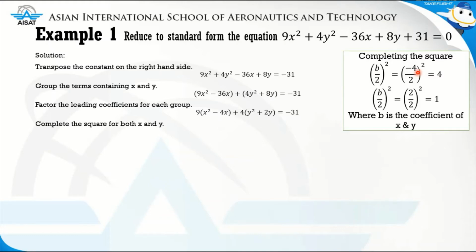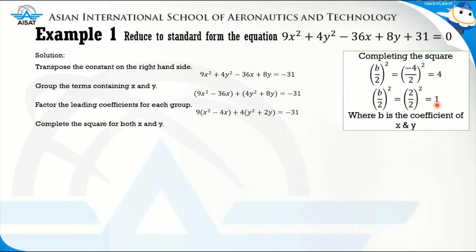We have negative 4 over 2, which is negative 2. The square of negative 2 is 4. And for the second group, the value of b is 2. So we replace b with 2. We have 2 divided by 2, which is 1. The square of 1 is 1. Therefore, for the first group, we need to add 4, and on the second group, we need to add 1.